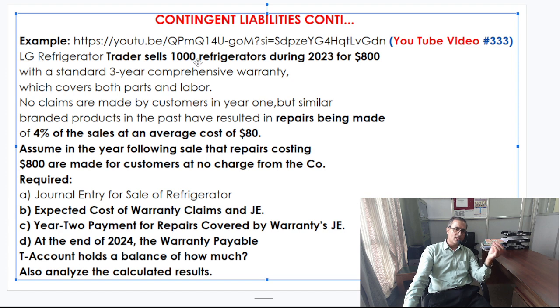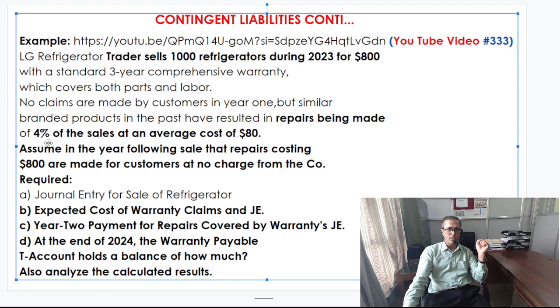We have sales of 1000 units, with a selling price of 800 and a 3-year comprehensive warranty covering both parts and labor, and no claims are made by customers in year one. But similar branded products in the past have resulted in 4% of the sales being defective, with an average cost of 80.